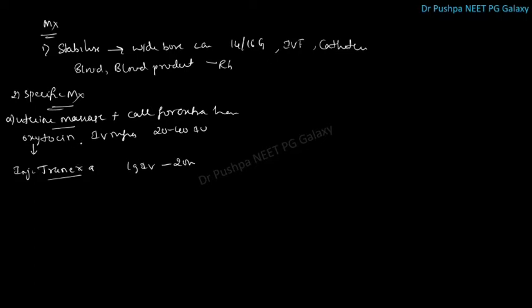It is an anti-fibrinolytic. If it is not responding, we can give methergine or carboprost. But carboprost is contraindicated in case of asthma. It cannot be given in case of asthma.